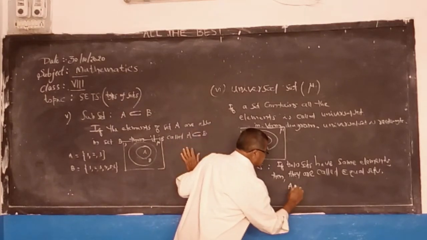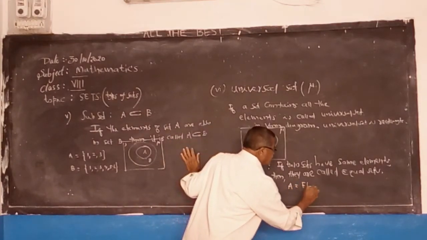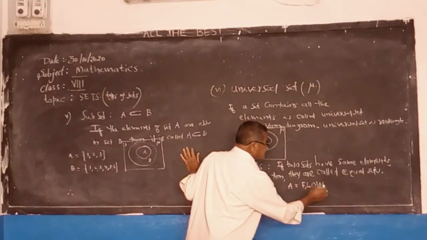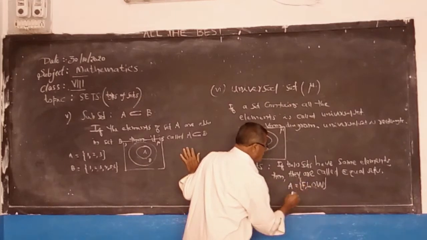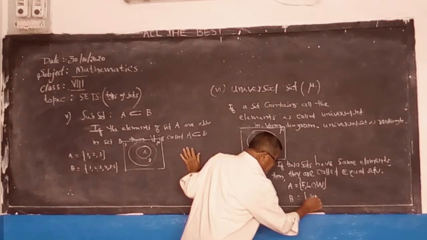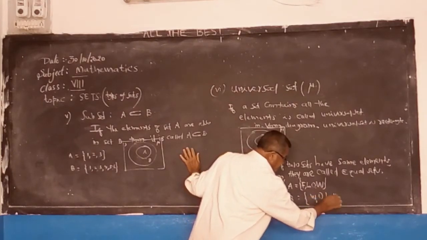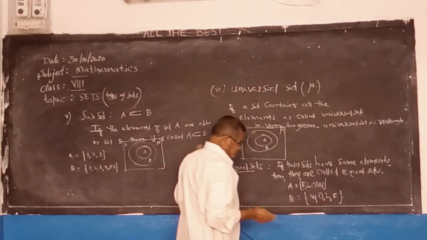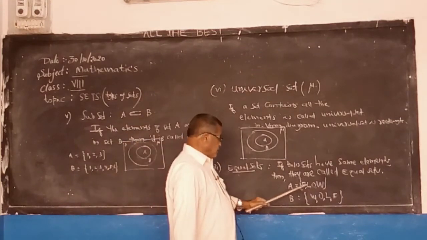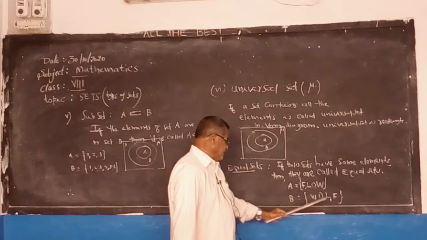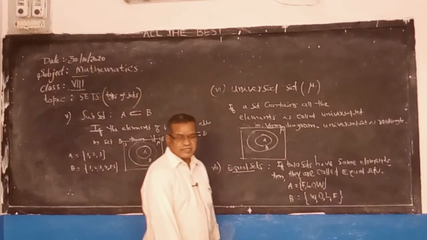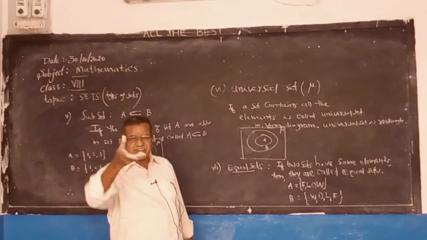One example: set A, flow, F-L-O-W. Set B, wolf, W-O-L-F. Same elements. F is there, L is there, O is there, W is there. The elements are the same, but the words are different.